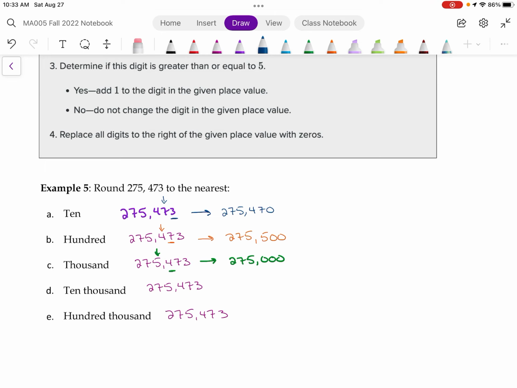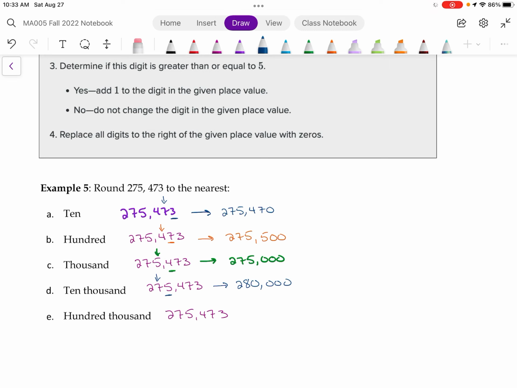We've got the ten thousands place. That's this place value right here. So we want to know what the 5 is going to do to that place value. And the 5, we have decided, rounds it up. So this is going to become 280,000. In other words, is it closer to 270,000 or 280,000?